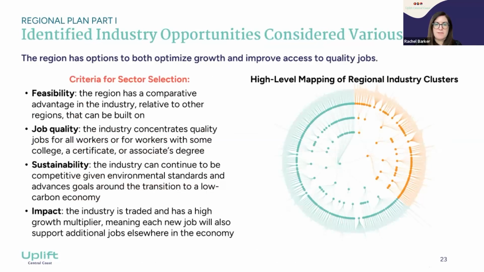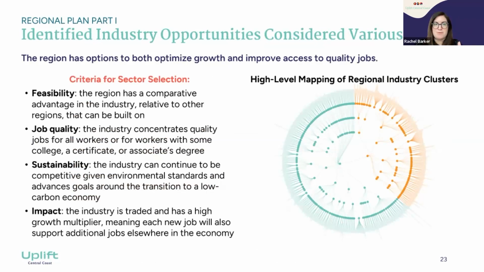How do we make sense of all this and provide some options for the region to move forward? Since we know we need to improve the number of quality jobs, we need to think about what industries can deliver those. So our team undertook a really complex mapping exercise, which is demonstrated here.